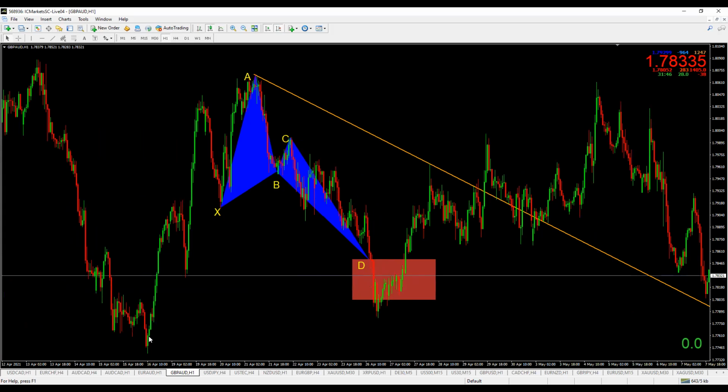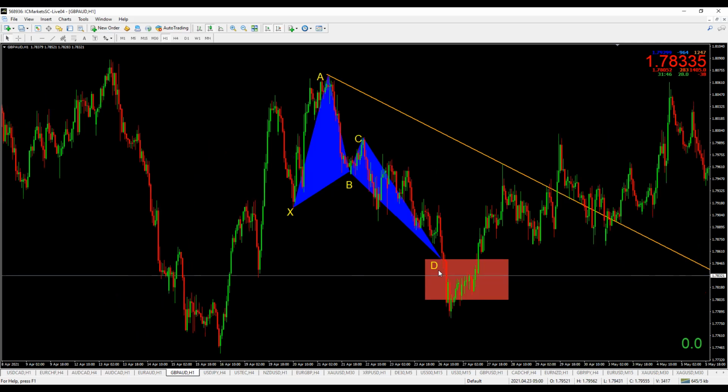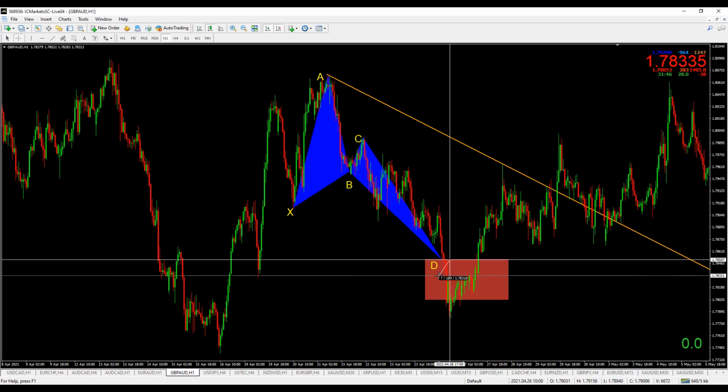At the point where we find the D, we will think of the nearest previous structure and use that for determining where to place our stop loss. From here, if we look left, that's the previous low. That would be too tight a stop loss, about 18 pips.